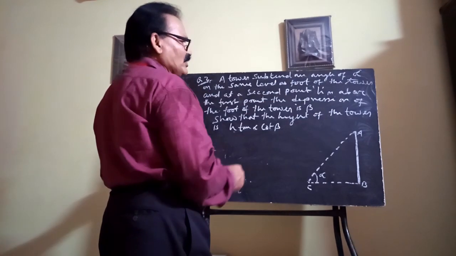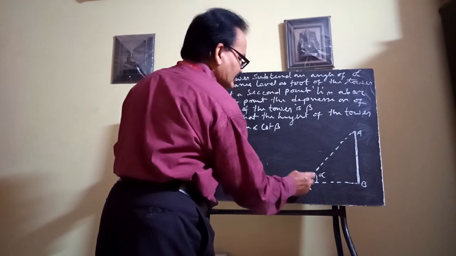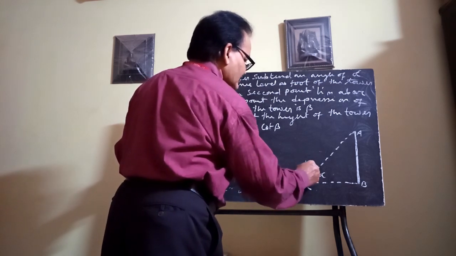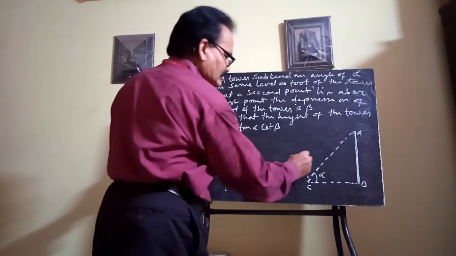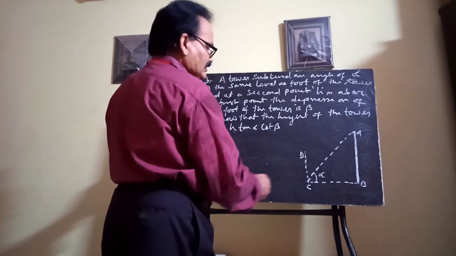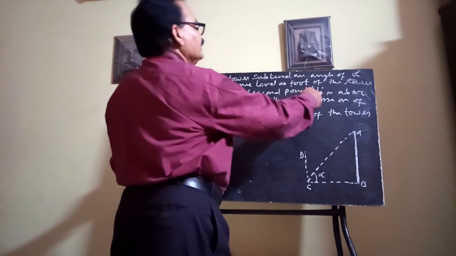At a second point h meter above the first. So here the first point is C, and the second point is D. Here CD is h meter.